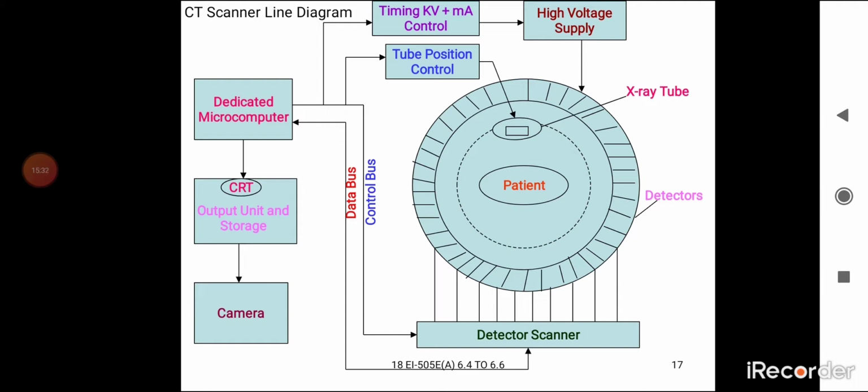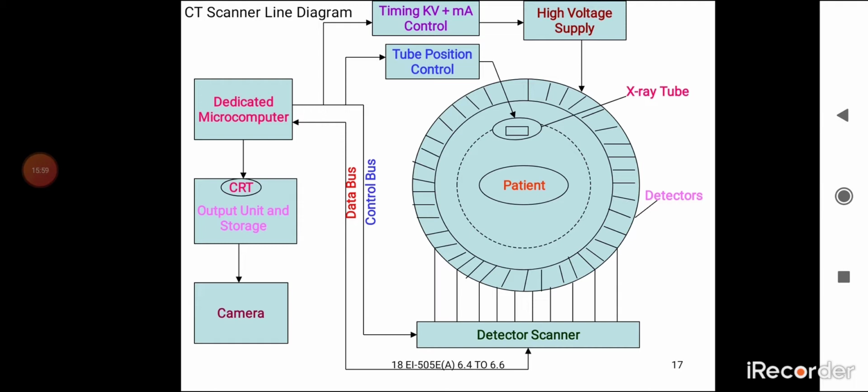The detector detects this X-radiation of photon energy and converts it into an electrical signal. Then the signal is converted into a useful pictorial representation on the output unit, the cathode ray tube.